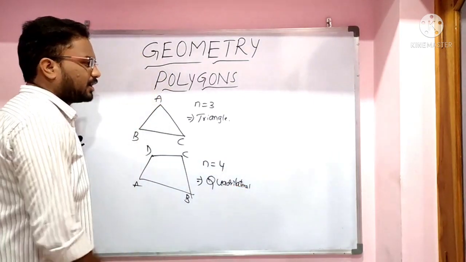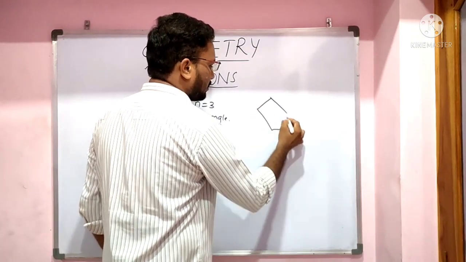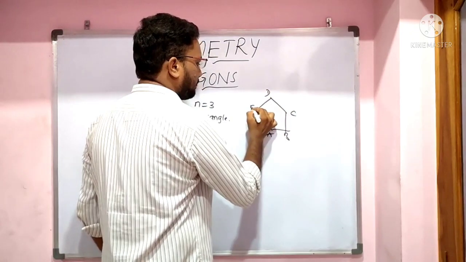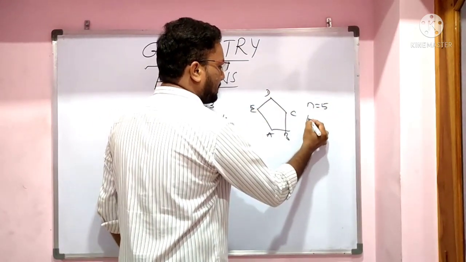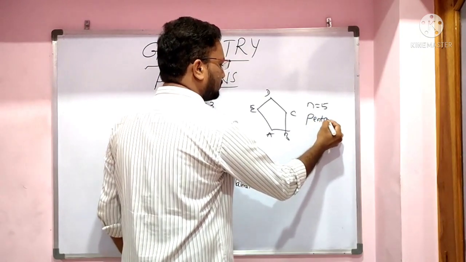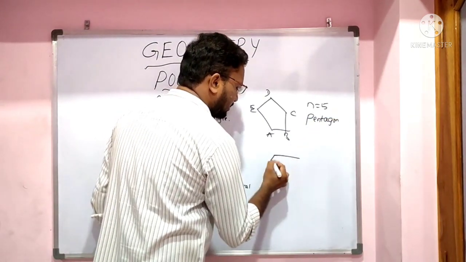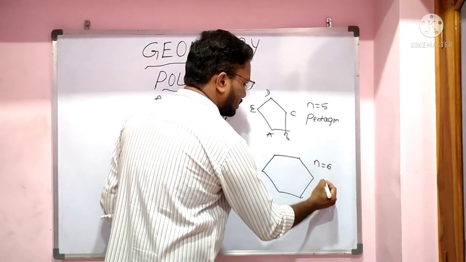If the number of sides is 5, if n equals 5, then we will call it a pentagon. If the number of sides is 6, then we will call it a hexagon.